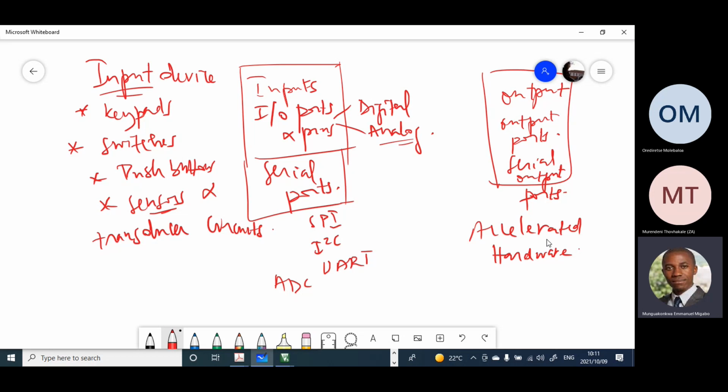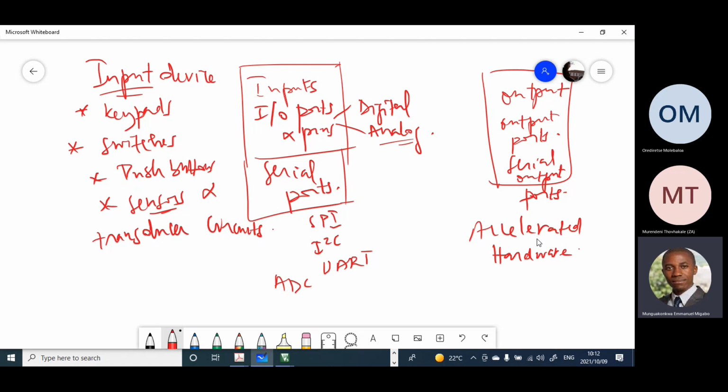For example, you might have a microcontroller with a built-in motor driver, and that module is internally interfaced with the microcontroller CPU, and just provides output pins on the microcontroller I/O port for controlling a motor. That internal module will be the accelerated hardware.